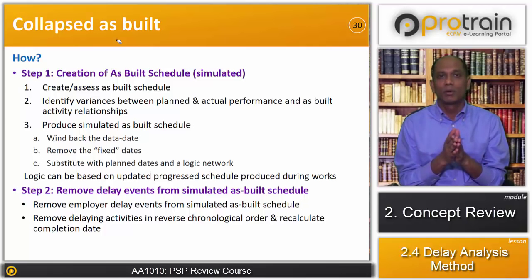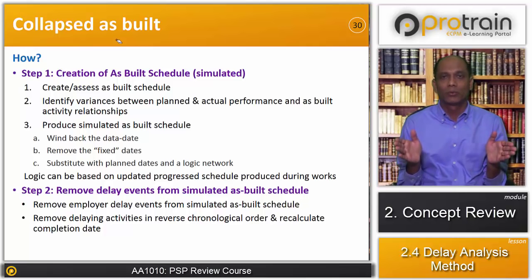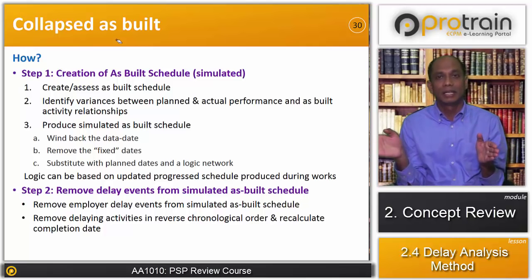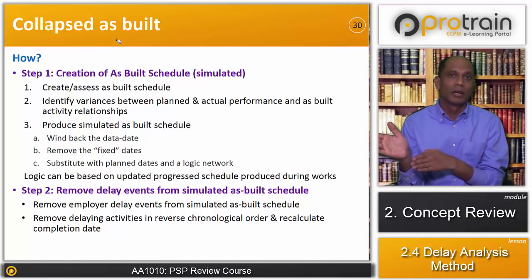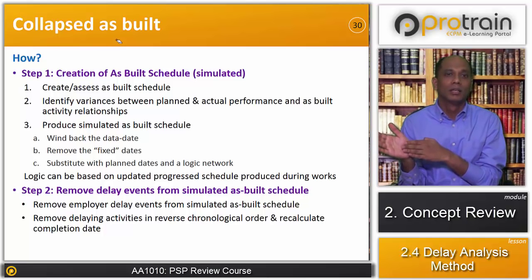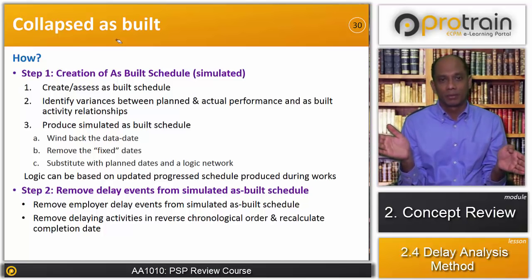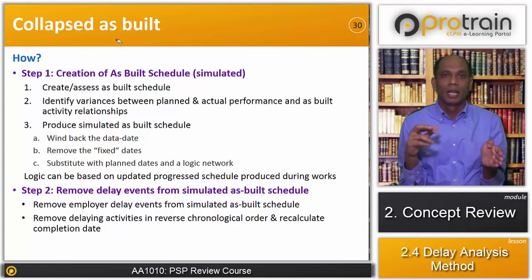The first step would be to bring back the data date. We cannot stick to the updated schedule data date, which is completion of the project. We have to take the data date to the beginning of the project. Then in the updated schedule, there will be fixed dates. We have to remove those fixed dates and replace them with the planned dates.